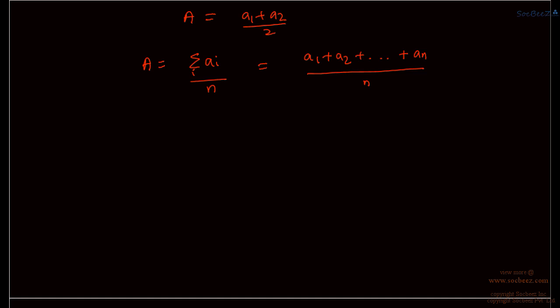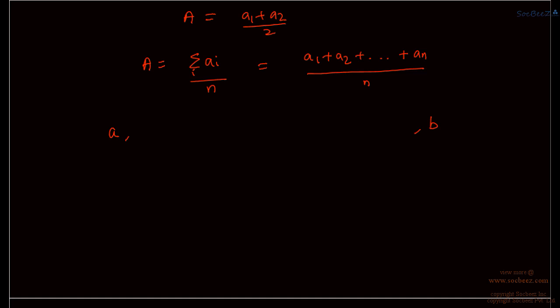Okay. So now there are usually situations where you are supposed to insert a fixed number of arithmetic means between two numbers, right? So how do we deal with that kind of situation? Suppose we have terms A and B, and you're supposed to insert n arithmetic means between them.